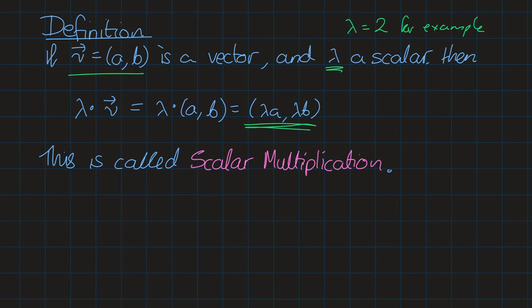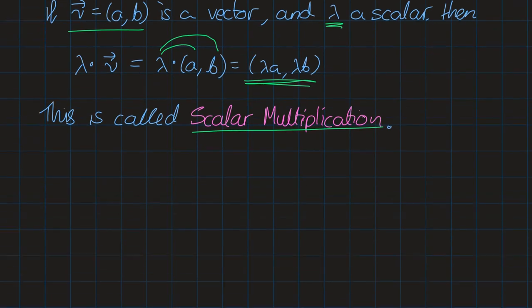All you do is you multiply each thing individually. It's as simple as that. It's really not that hard of an operation. Scalar multiplication is just you multiply each of the coordinates individually. This is scalar multiplication of a vector by a scalar.